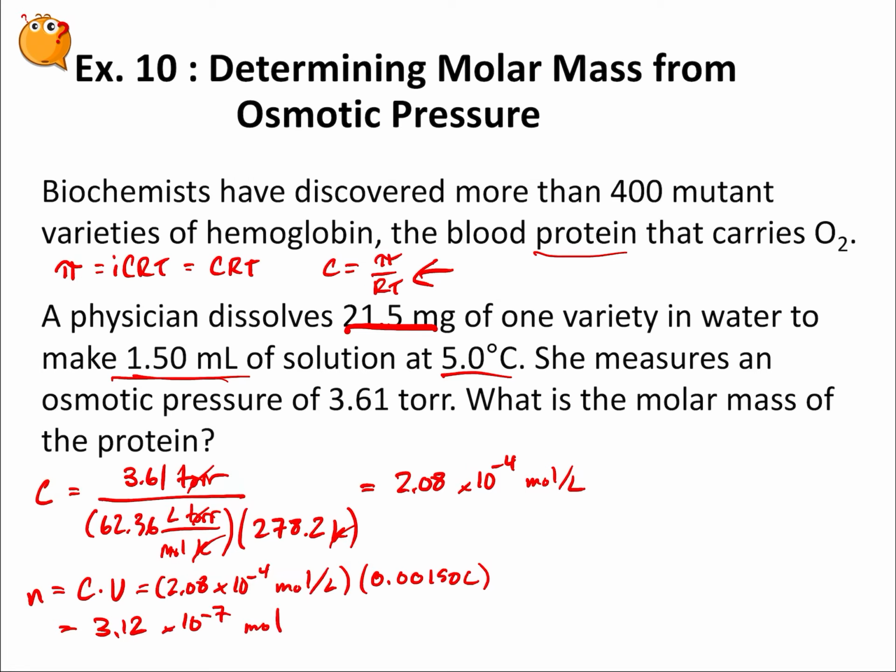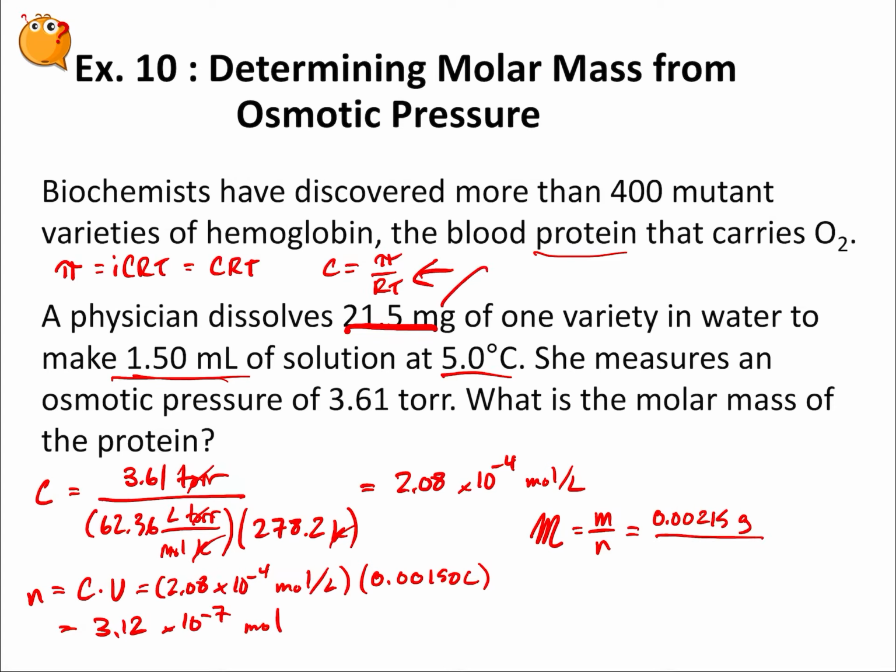So now we can just get molar mass, where molar mass, use my fancy M, is the mass over the moles, which is 0.00215 grams.